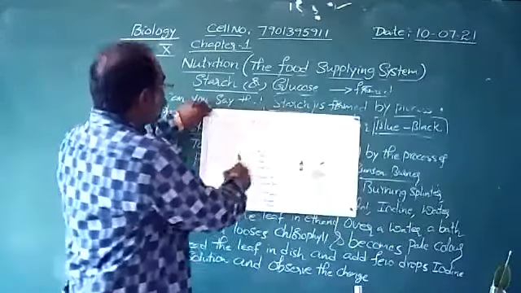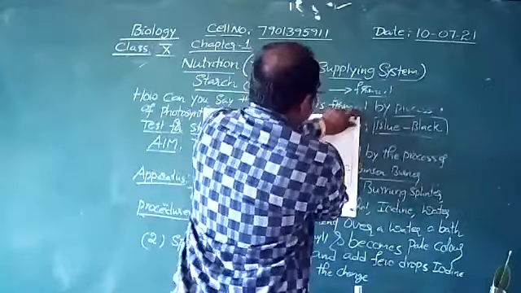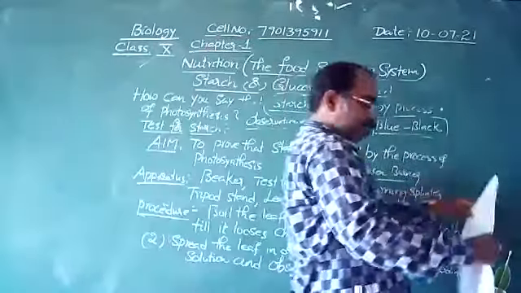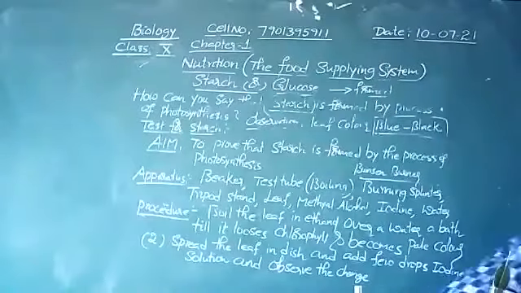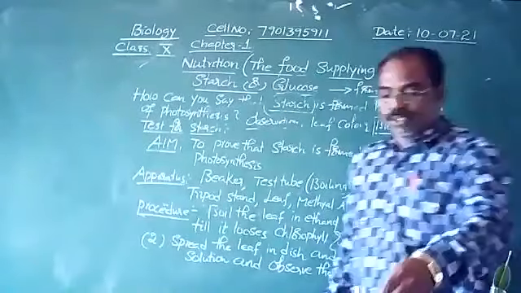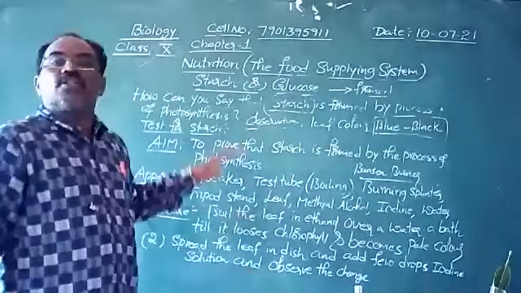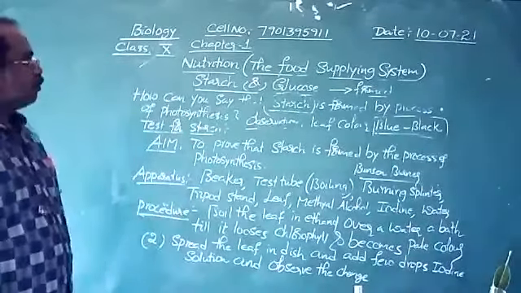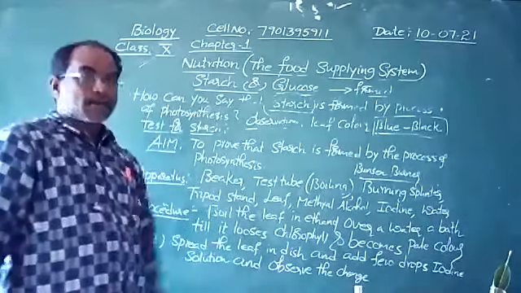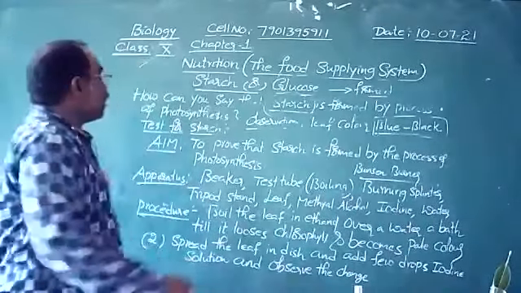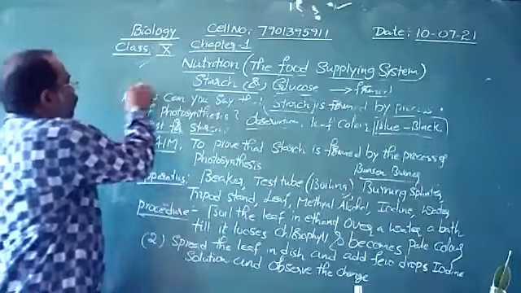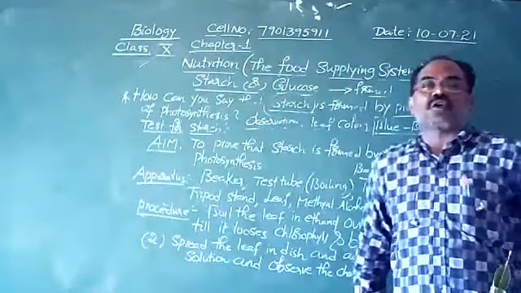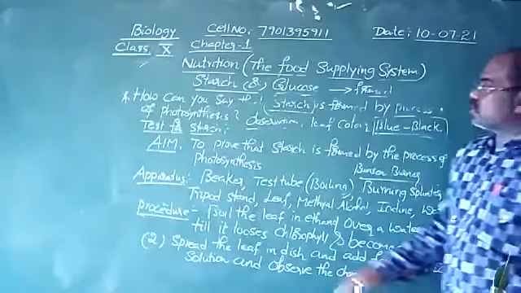Okay, this is one of the lab activities. Write down this one. Very, very important from the examination point of view. How can you say that starch is formed by the process of photosynthesis?